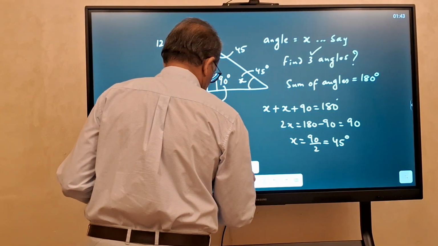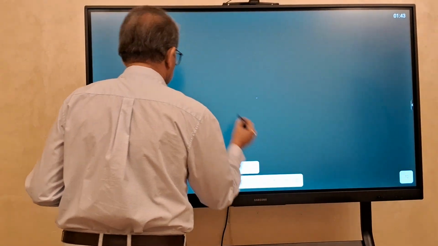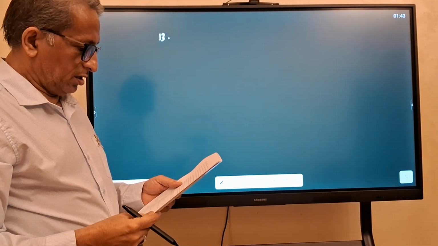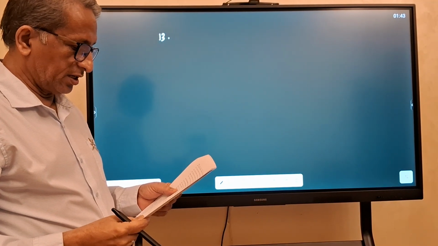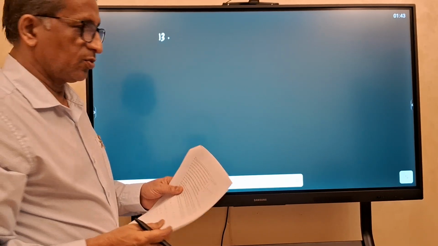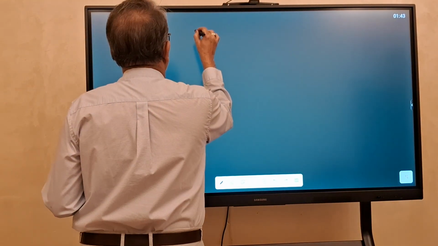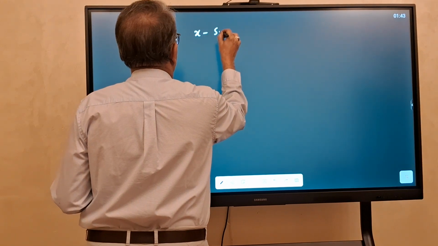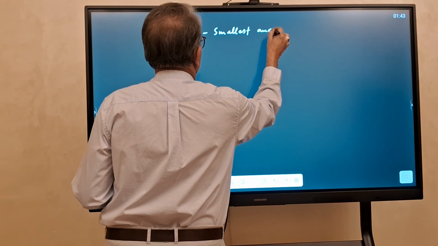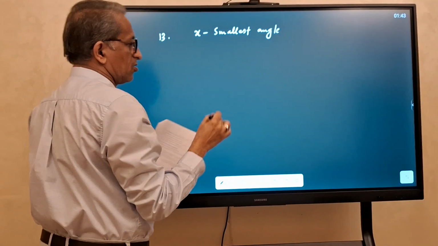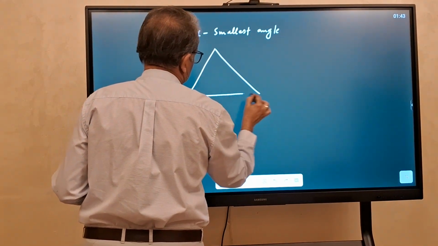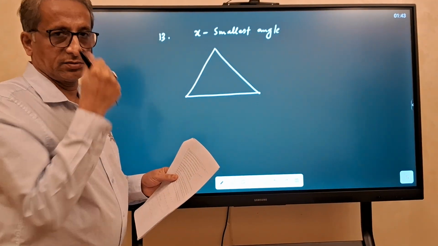Coming to 13, the angles in a triangle are such that one angle is twice the smallest angle. So I start with x as the smallest angle. Here it is not a right triangle, but a general triangle.